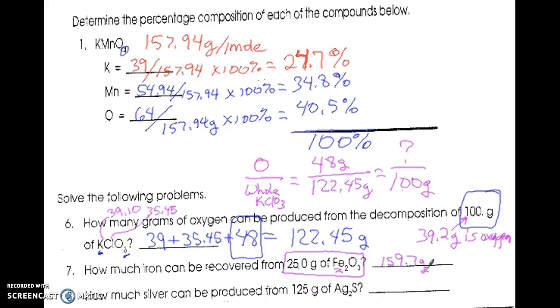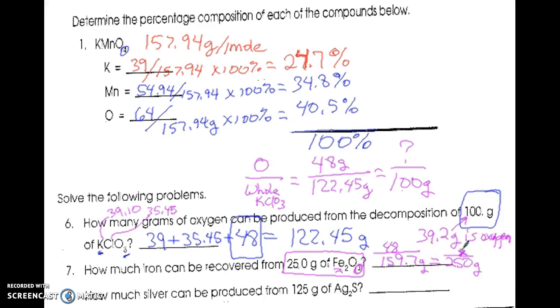Now, we have 250 grams, so the total of given is 250 grams. We know oxygen's part is 48 because there's 3 oxygen, and we want to find out X.